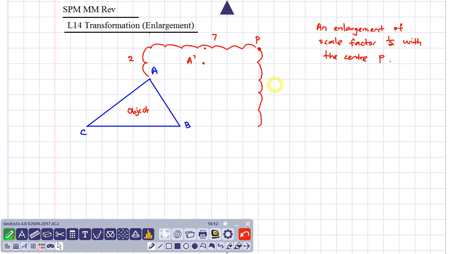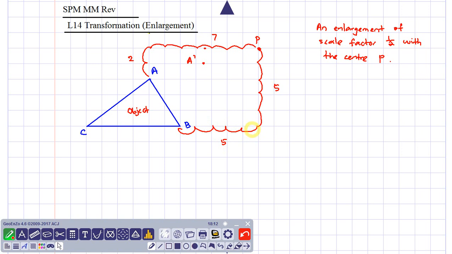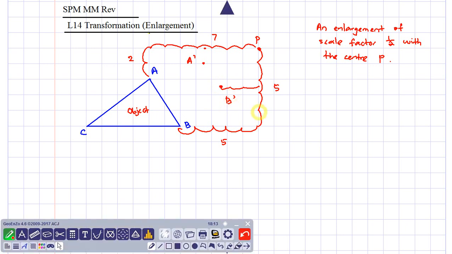So 5, 5. If I divide by 2, I will get 2.5, 2.5. This is point B prime.